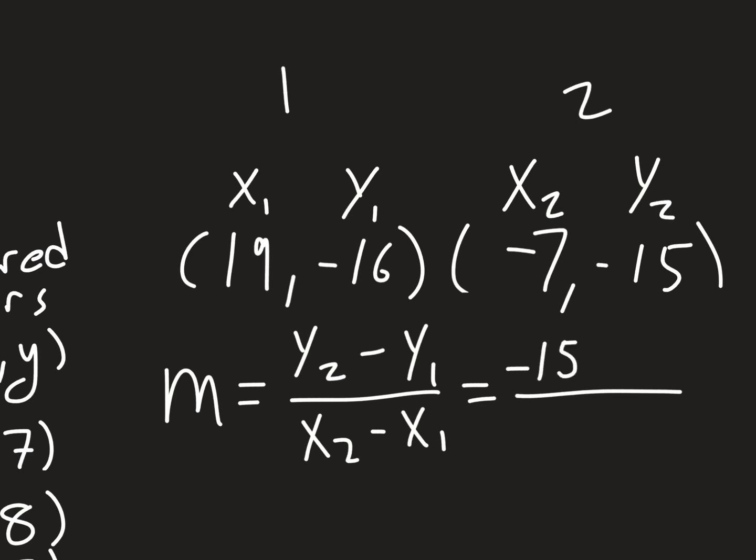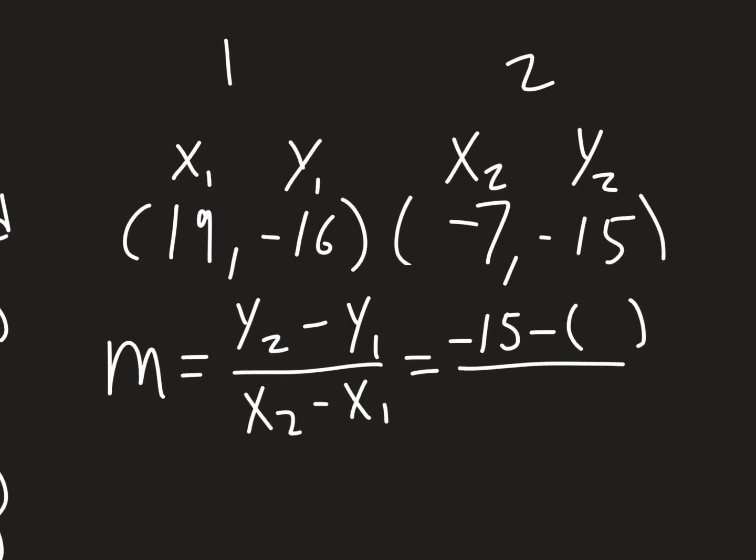And then it says minus, and why did I put the minus in parentheses? Because y1 is also negative. So I would encourage you, anytime you have a negative value, put it in parentheses.